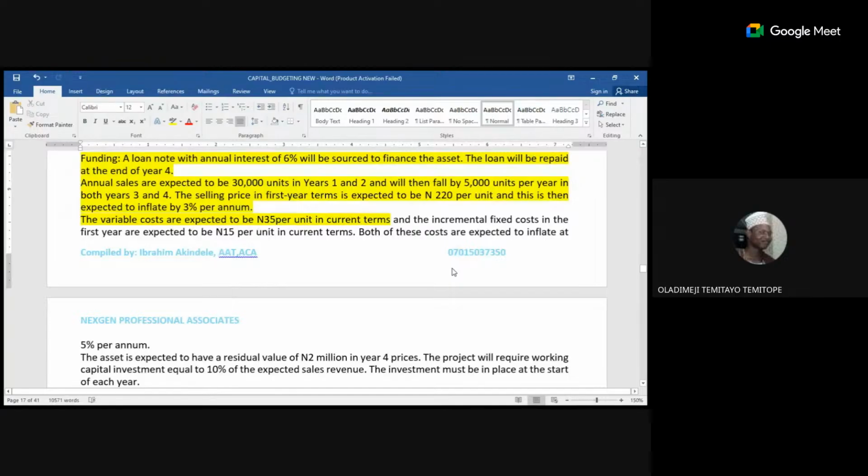Because in current terms, we're not giving quantity. I think we've moved from that part now. In current terms, there's no unit. But in year one, we have units for it.